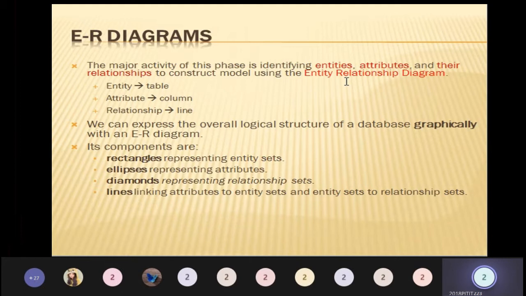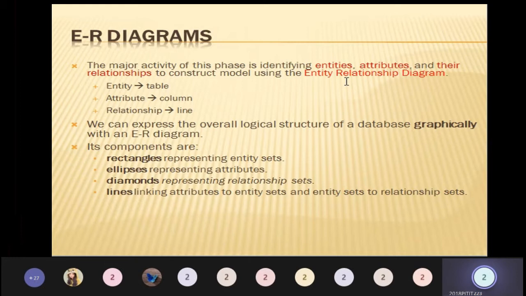The major activity of this phase is identifying entities, attributes, and their relationships to construct the model using entity relationship diagrams.